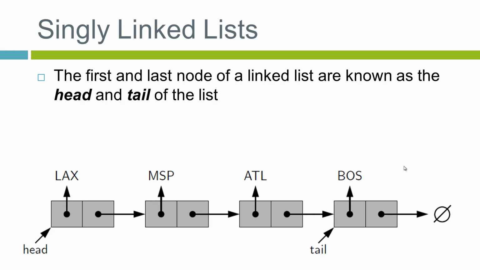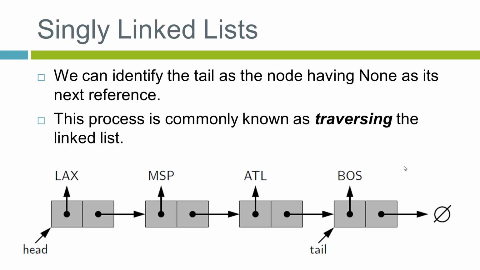Again, the first and last node of a linked list are known as the head and tail of the list. We can identify the tail as the node having none as its next reference. This process of going through the nodes and checking the linked list is commonly known as traversing the linked list. So just a couple terms to review.